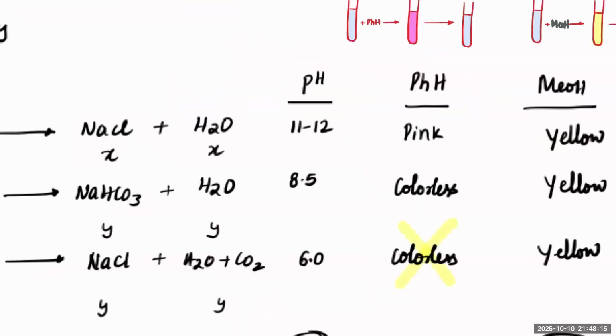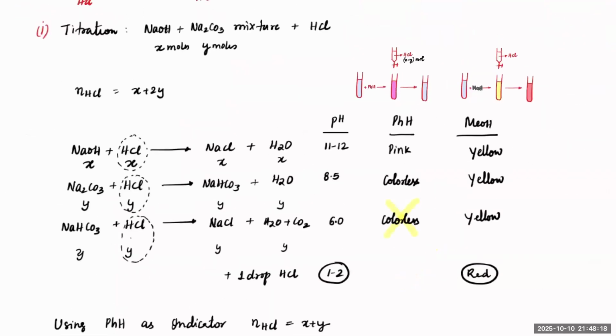You are titrating the mixture of NaOH and Na2CO3 with HCl by using methyl orange as the indicator. Imagine this. First you added X moles of HCl, correct? Do you think the color will change? No, it will not change. Why? Because Na2CO3 is present and Na2CO3 will also show yellow color only.